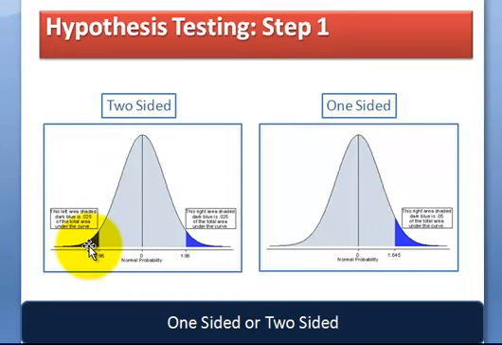So if I have a two-sided test, my rejection regions will be these shaded areas. If I have a one-sided test, this is a right tail. So in the example we just gave, this would be the high test scores. If it was the low test scores, we would just move this blue region over to the left side of the tail. And it's important to know whether you have a one-sided test or a two-sided test.